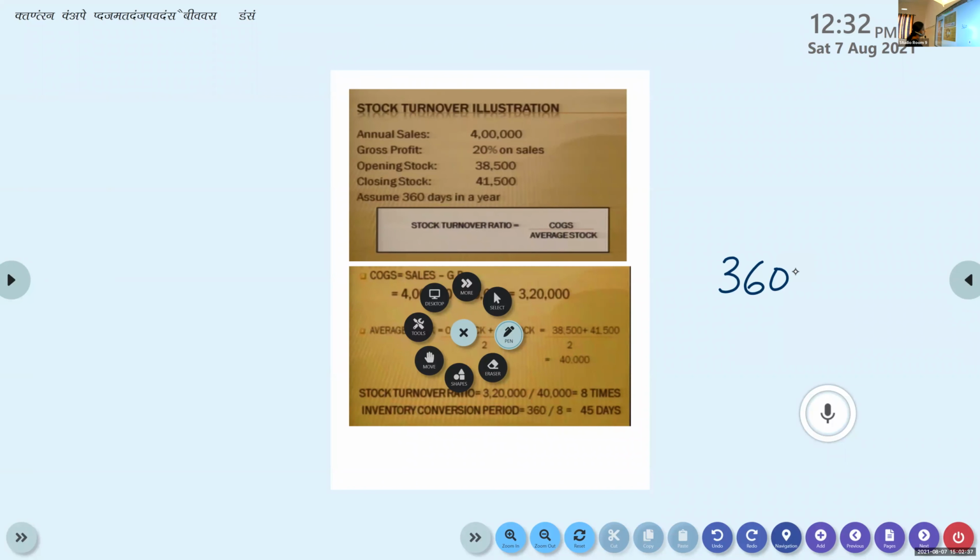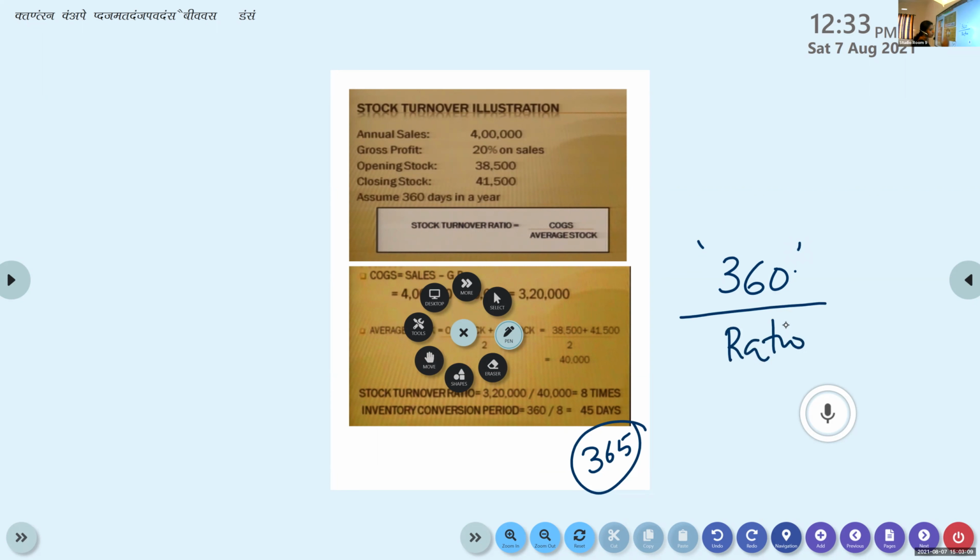They have given that we take the number of days as 360. Why? We have 365 days in a year. Why is it told to take 360 days? It is only for the convenience of calculation. There is nothing much about it. For easy calculation, they have asked to take 360 days. As it is mentioned in the question, that is why we take 360 divided by the ratio.